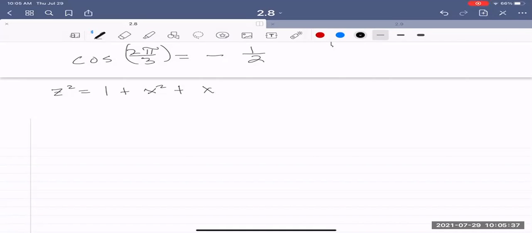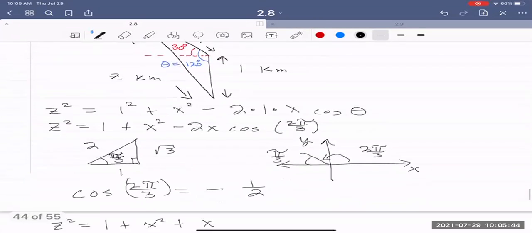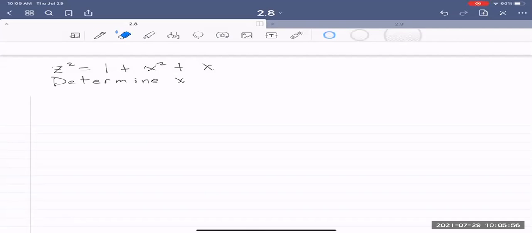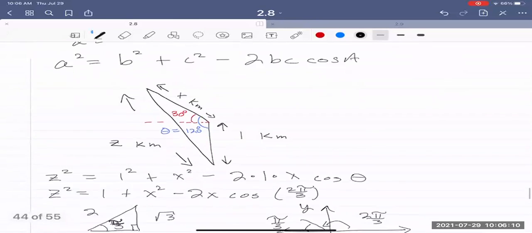And so let's figure out what x is. Let's determine x, and z actually, after 1 minute.